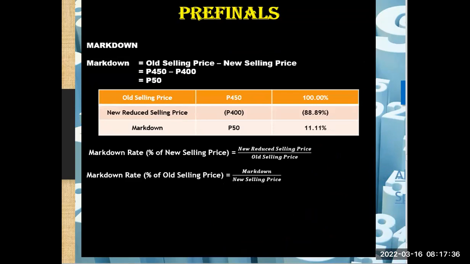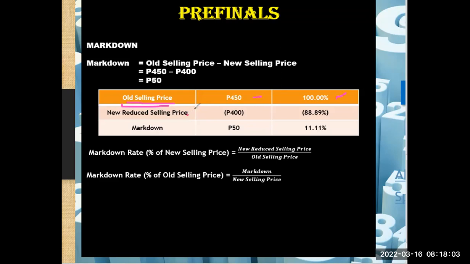So let's compute for the markdown. We have this one. Markdown is equals to old selling price minus new selling price. How do we look at this? As you can see in this table, we have the old selling price, 450, and this is 100%.